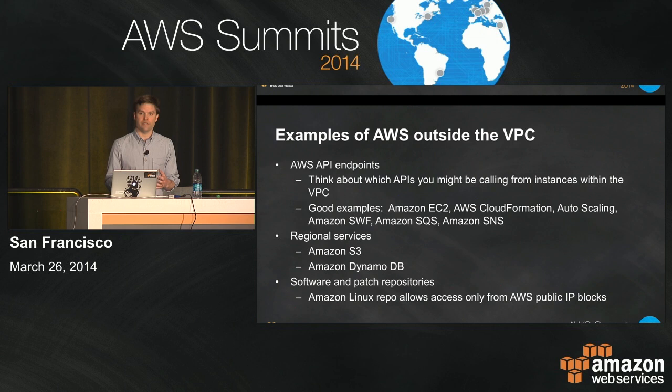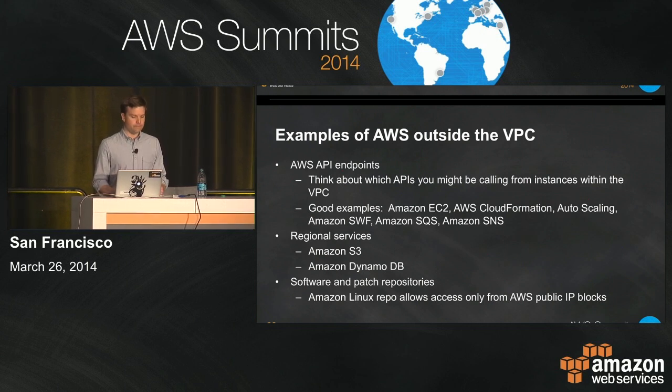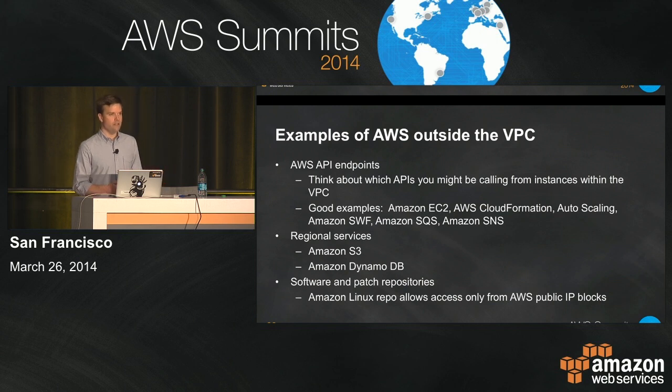Any regional services like S3 or DynamoDB are public endpoints in the public AWS space, and you have to get out of your VPC to get to them. Similarly, things like patch repositories, like for Amazon Linux, also exist outside the VPC.